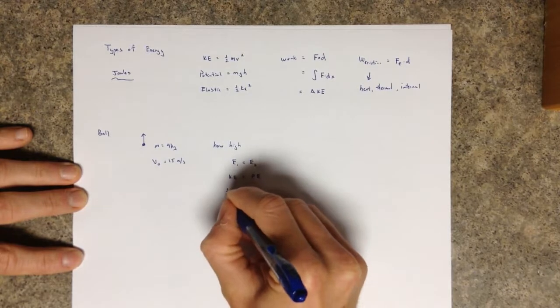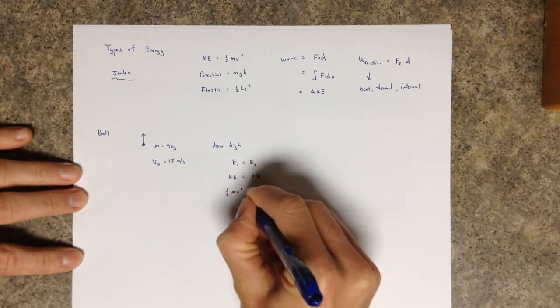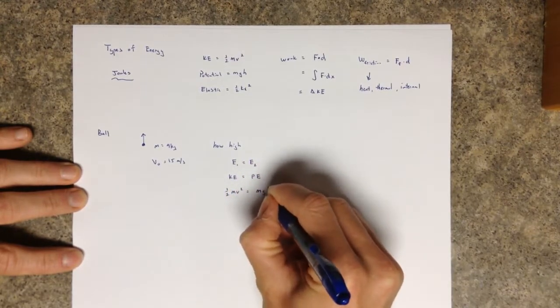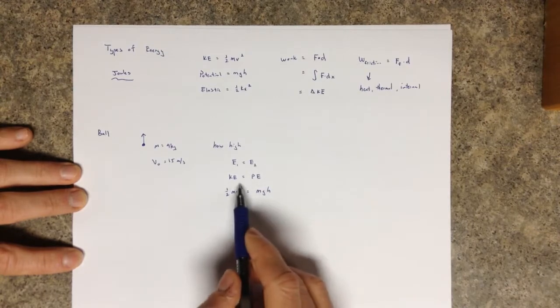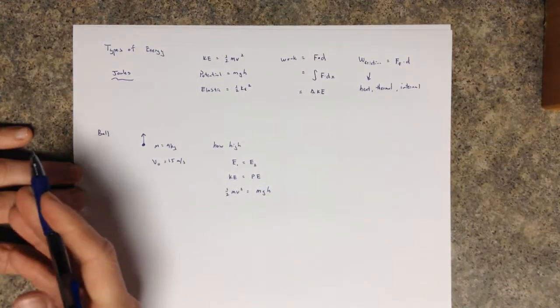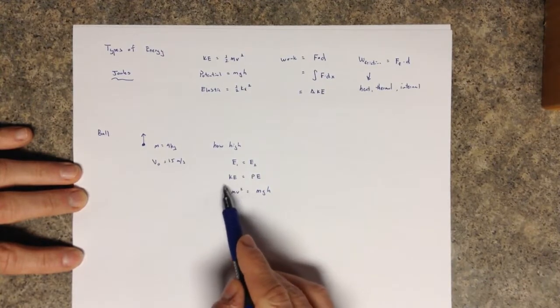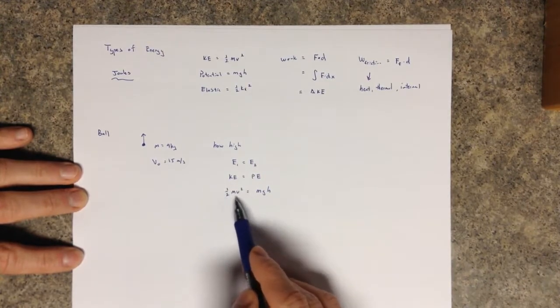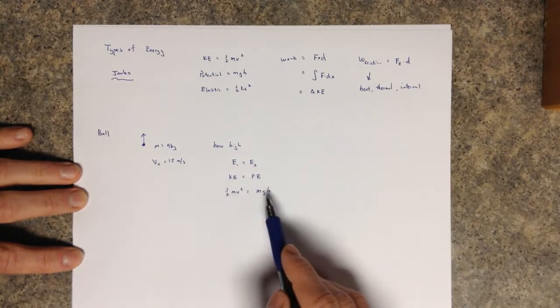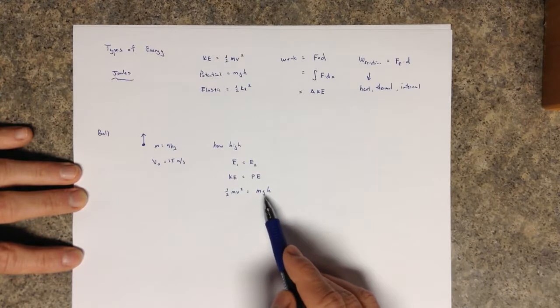The kinetic energy is just 1/2 mv squared, and the potential energy is just mgh. Again, this is the amount of energy you gave it at the beginning, so you must have done some work to throw this thing and give it some velocity. But after you get done throwing it, it has a velocity, so that's the amount of energy it has. And all of that energy is converted to gravitational potential energy, because at the top, it stopped.